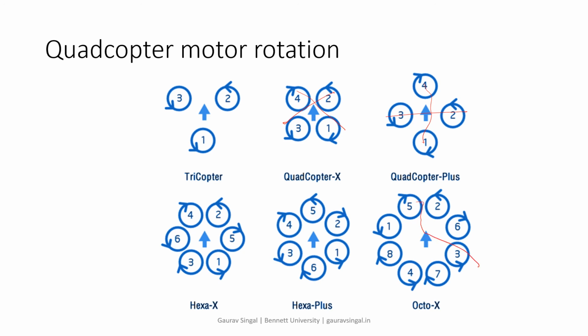Motors 5, 7, 6, 8 are clockwise, and 2, 4, 1, 6 are counterclockwise. Okay, very simple. This arrow is telling you the flight controller position, the front position.